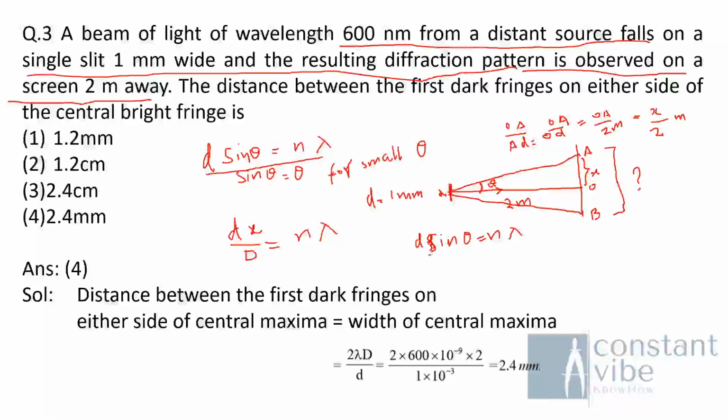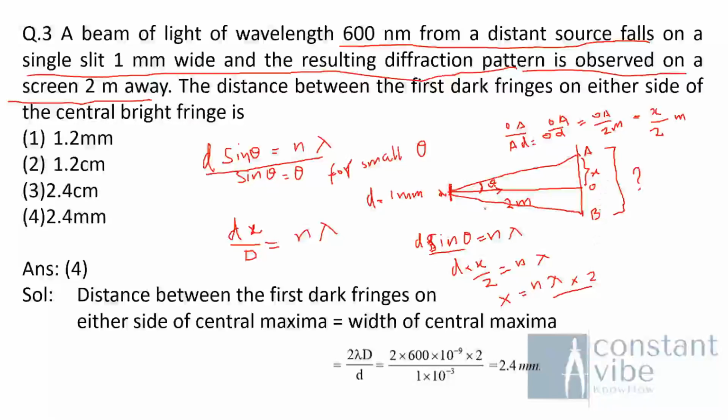and this sin theta, d into sin theta, we already have x by 2, means x by D into x by 2 meter is equal to n lambda, and x equal to n lambda into 2 by d.